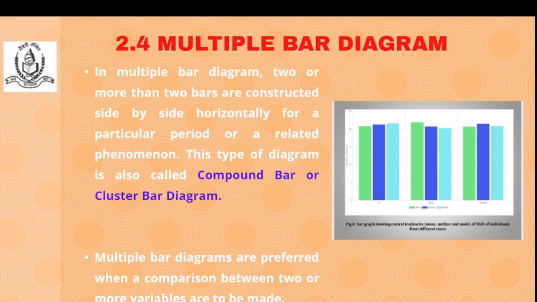This type of bar diagram is also called a compound bar or cluster bar diagram. Why? Because we have clustered two or more bars together. Multiple bar diagrams are always a preferred method when we want to compare two or more variables, because it becomes very easy to compare different variables at one look.